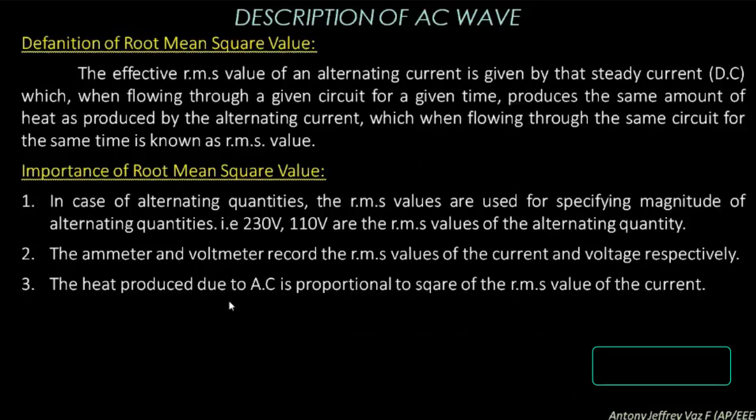The heat produced due to alternating current is proportional to the square of the RMS value of the current. So if you use a resistance or a heater to heat up water, the heat produced in the resistance will be proportional to the square of the RMS value of the current.